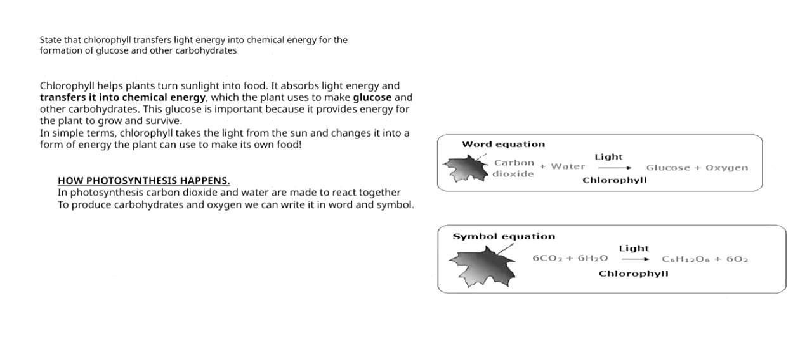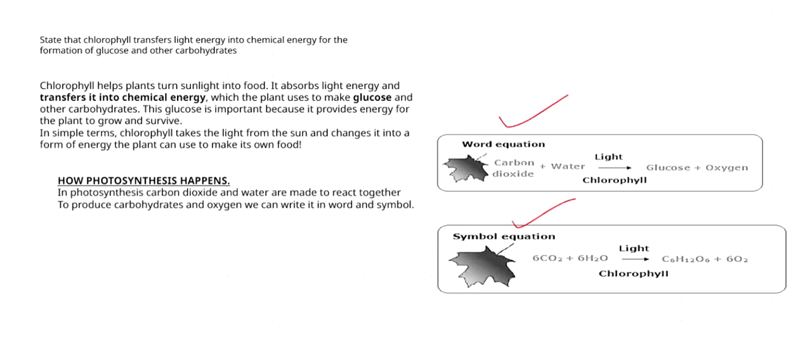Photosynthesis is the process in which carbon dioxide and water, in the presence of light and chlorophyll, react in the leaf cells, in the chloroplast, and produce glucose and oxygen. As you see, students, there is a word equation here and a symbol equation here. In the exams, in the past papers, you need to write the word equation or the symbol equation of photosynthesis if they ask. So both equations are in front of you, balanced.